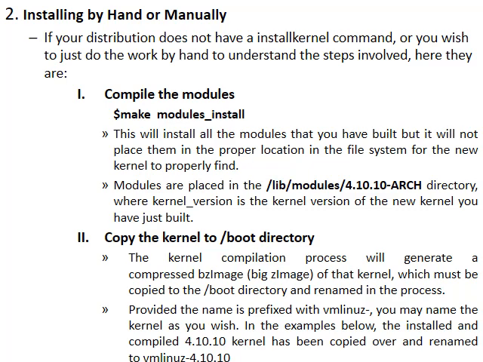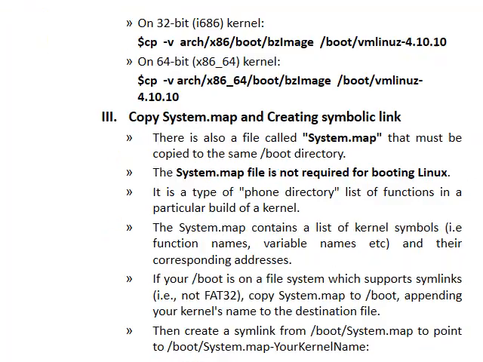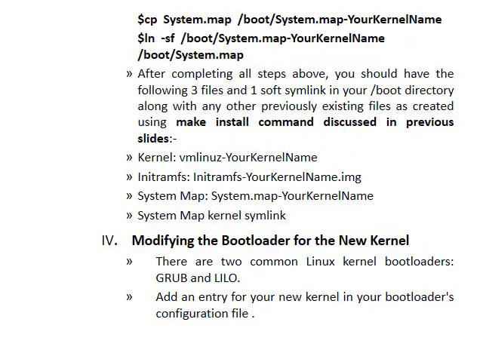After that, you have to copy the kernel to the boot directory. For that, the command is cp with the -v option, and the directory path you have to specify. For 32-bit and 64-bit, both are somewhat different. After that, you have to copy the System.map file and create the symbolic link. For that, the commands are cp and ln with a particular listing.